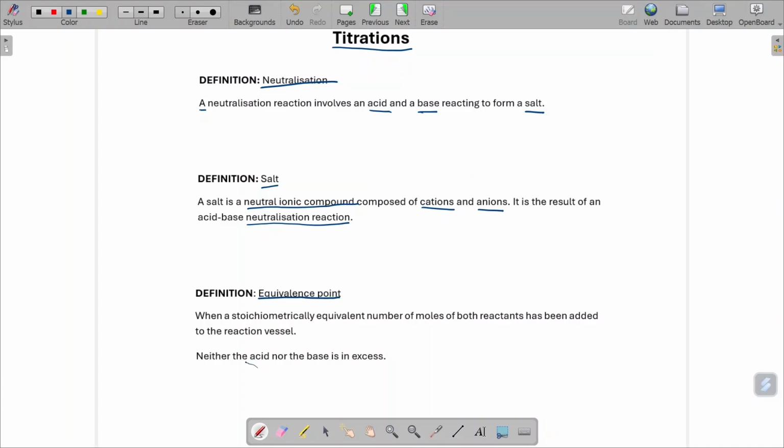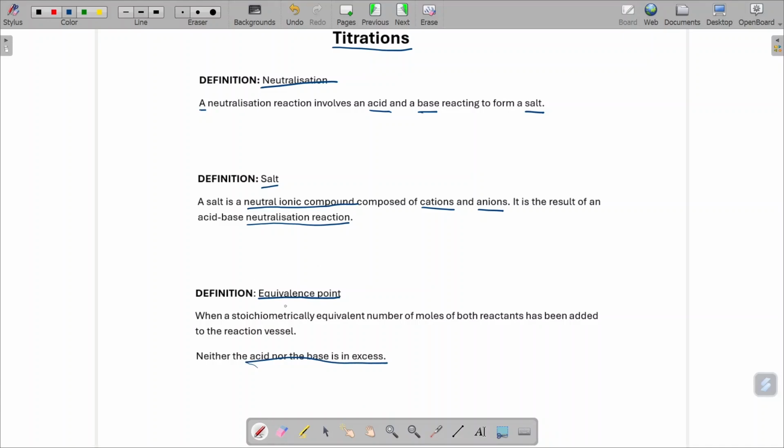Because if the base is in excess and the acid is limiting, in other words, there's not enough acid to react with all of the base, according to the formula, what is going to happen is that the pH of the final solution will be more on the basic side. And the same for if there's an excess of acid compared to the base. So what's important for us to understand is that for an equivalence point to be found, the acid or the base must not be in excess.